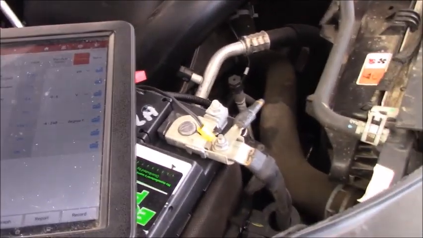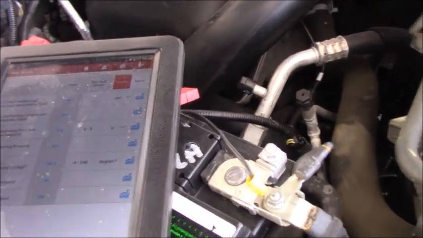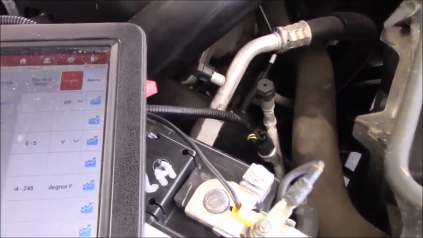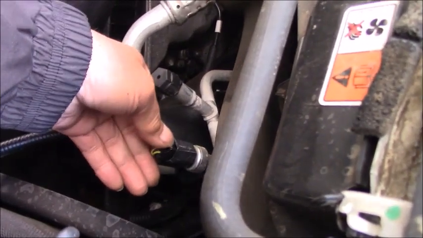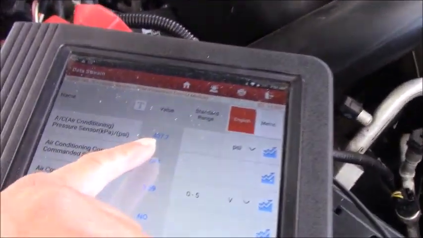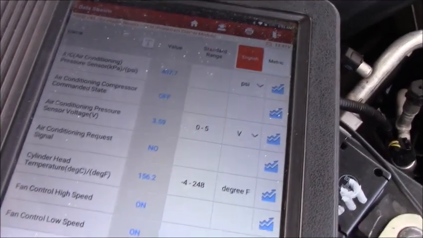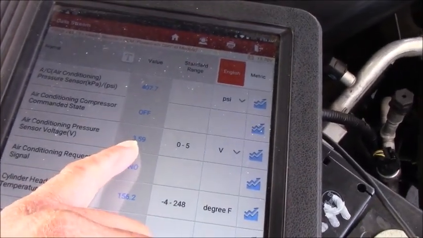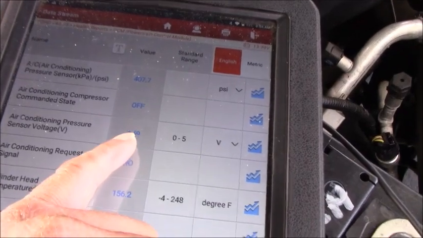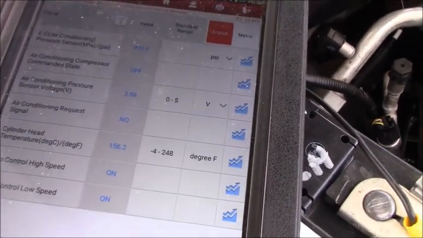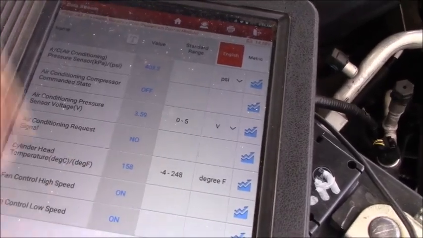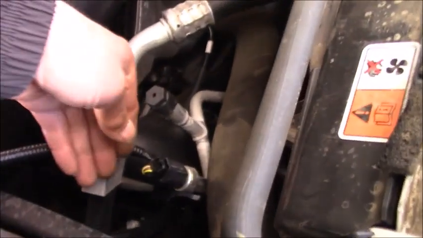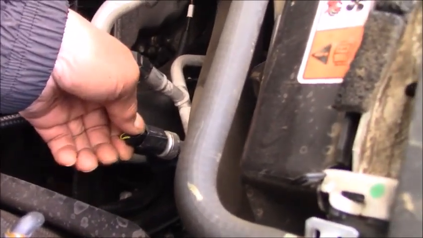Okay guys, it's a little bit loud in the video because the fan is running at high speed, very loud right now. Here is the sensor located to measure the freon pressure. Right now at 407 PSI, the voltage is 3.5 to almost 3.6 volts. With the AC off, let me disconnect the connector and see whether the fan stops or not.